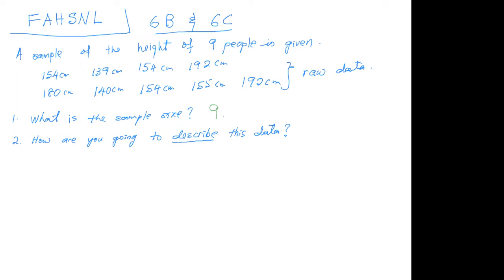When you say using a bar chart or a pie chart, that is the display. Line graph, these are called display. That means you present your data. You are not describing.